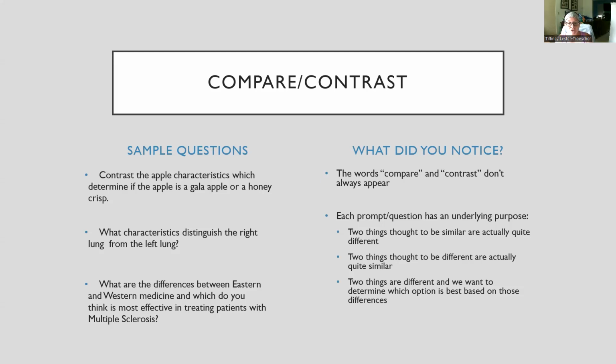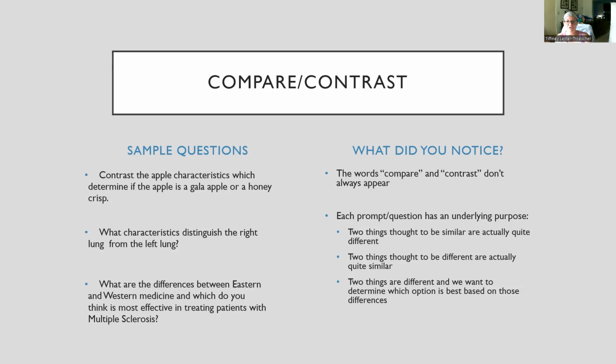But the questions themselves indicate that that's what you'll be doing. However, they all have an underlying purpose, right? So maybe these two things, we think they're really similar, but actually they're really different. Or it could be the opposite. It could be that these two things, we tend to assume that they're really different, but it turns out they actually have a lot in common. There are a lot of similarities.